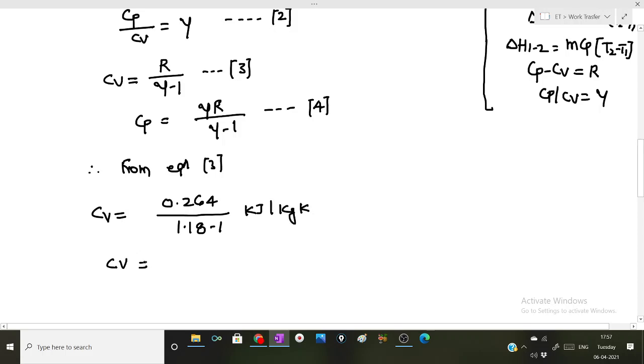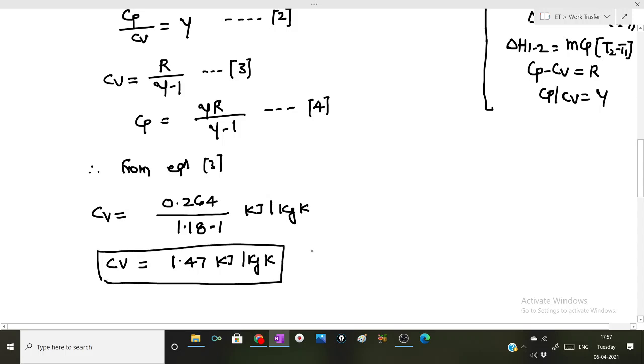So from here the value of Cv comes out 1.47 kilojoule per kg Kelvin. This will be the first answer.